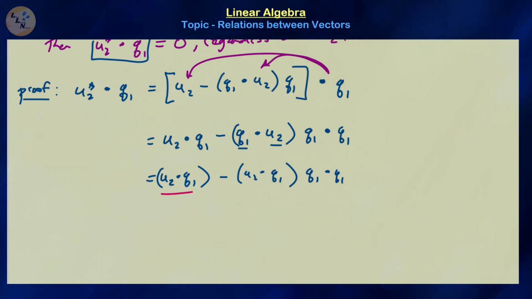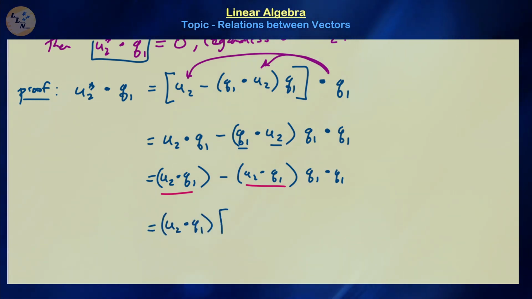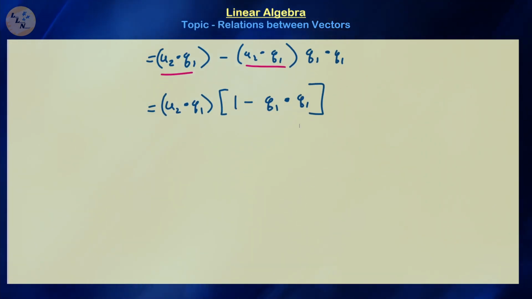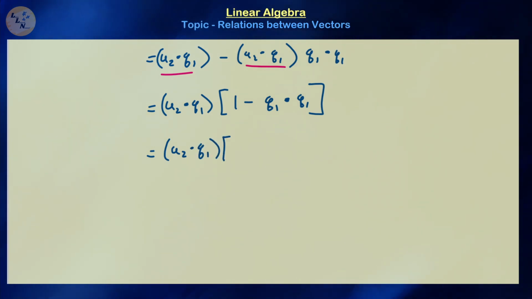So I'm going to factor u2.q1 out of these terms, giving u2.q1 times 1 minus q1.q1. When you take the dot product of a vector with itself, what is that equivalent to? Well, we should know that that's the same as the norm of that vector squared.